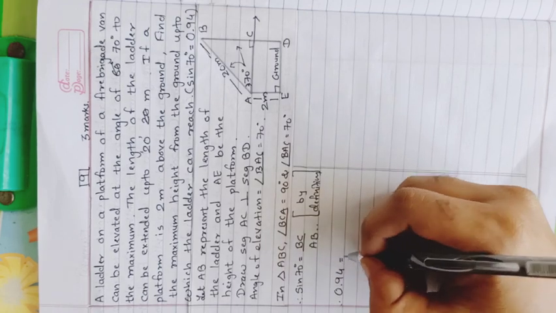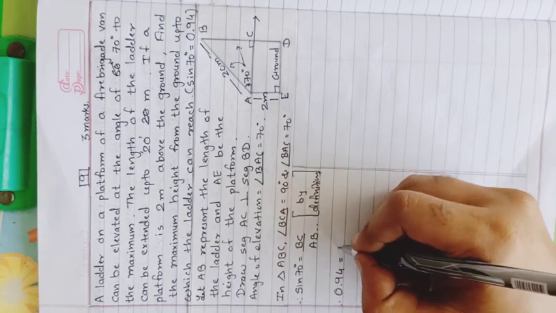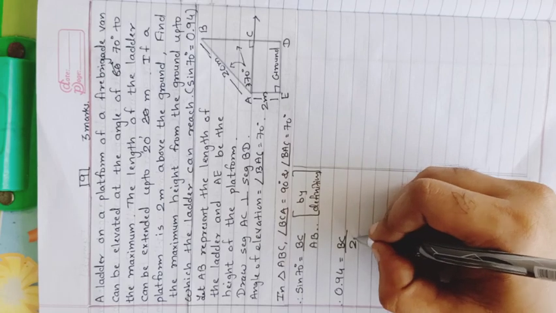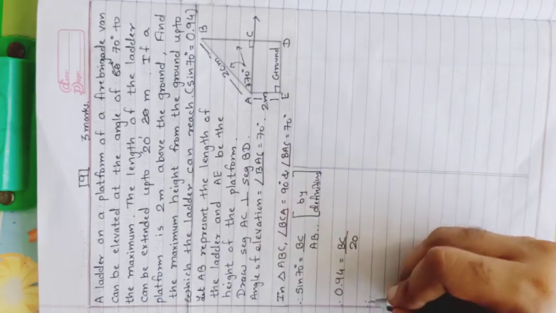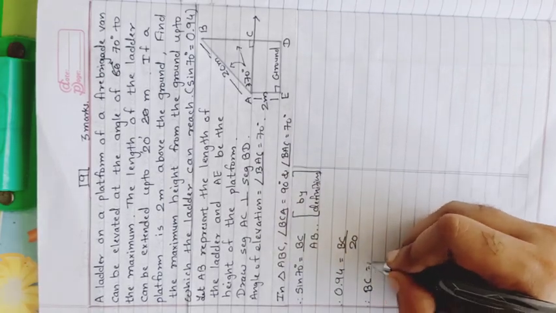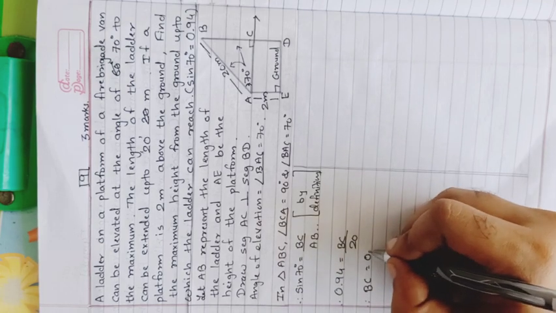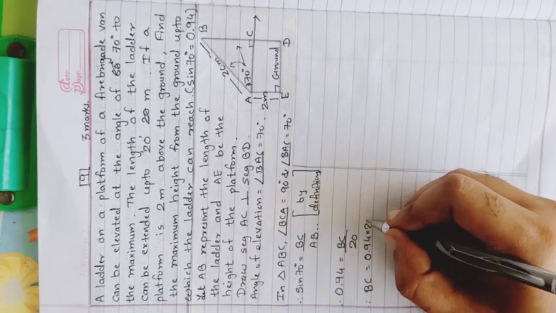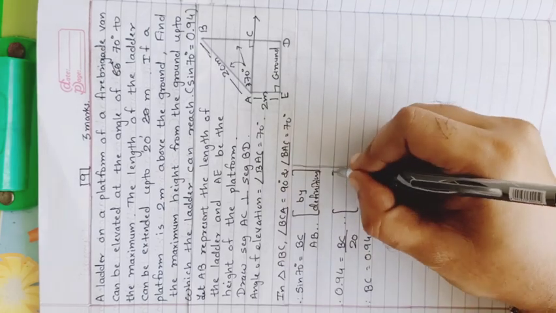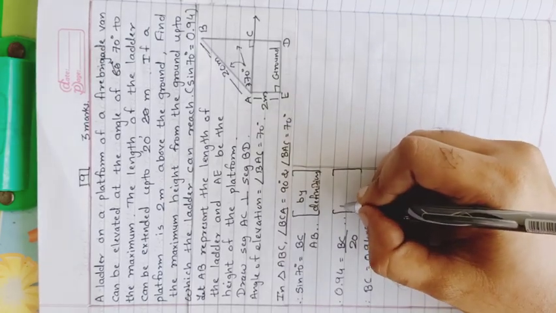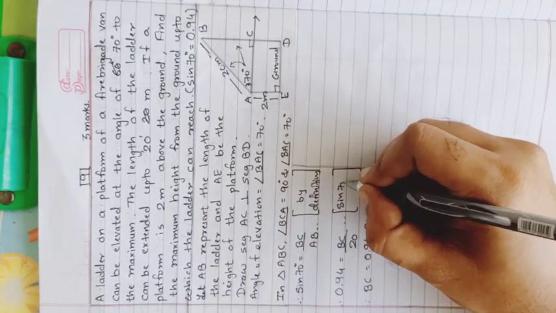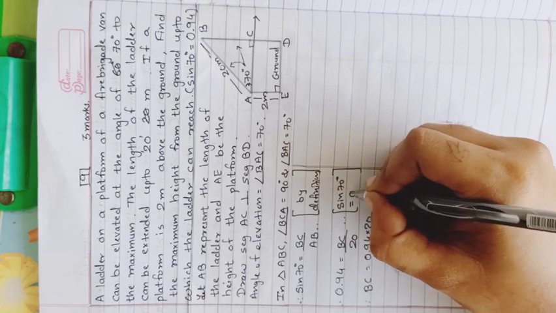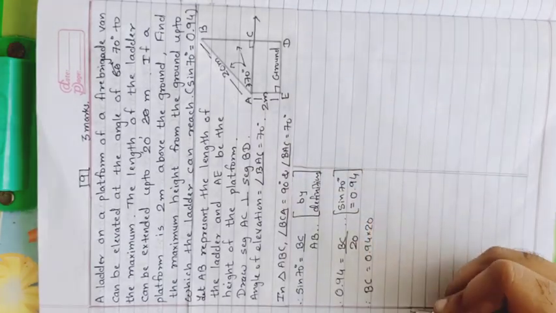0.94 equals BC upon AB. We don't know BC, and AB we know is 20. So by cross multiplication, BC equals 0.94 into 20. Here we definitely have to write the reason, and the reason is sine 70 degree equals 0.94.